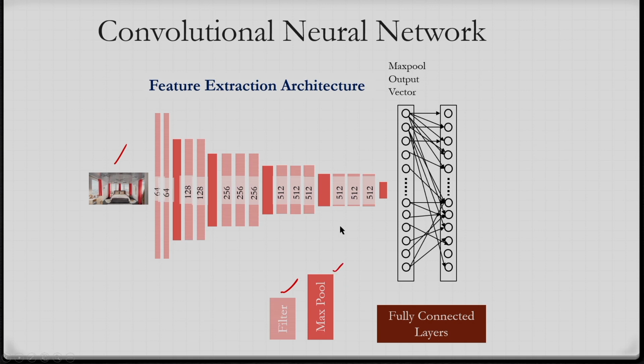First I am considering 64 filters for the convolution layer. After this, another convolution layer. After this I am considering one max pool layer. After this again a 128 filter convolution layer, then another convolution layer, and again the max pooling layer, you can see.